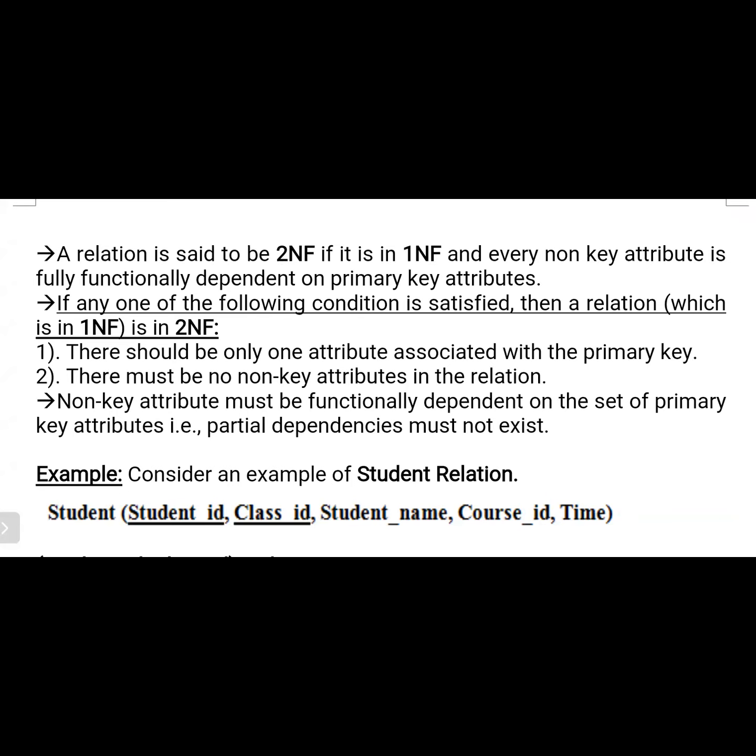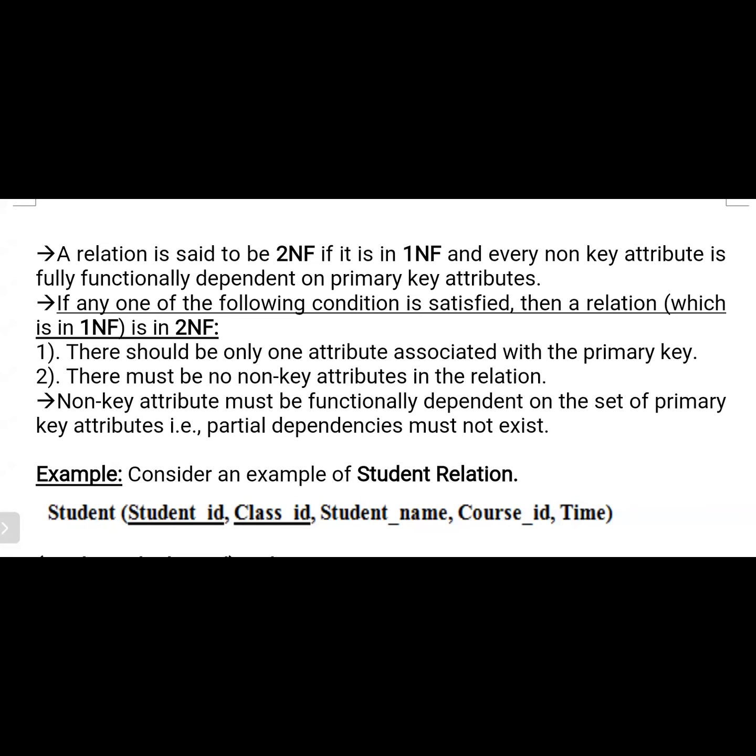Each and every value should be atomic, and it maintains the primary key also. Another thing is every non-key attribute. What is the meaning of non-key attribute? That is, it is not a primary key. For example, in the table I just mentioned: student number, student name, marks, and address. Student number is the primary key. Then the remaining attributes are non-key attributes.